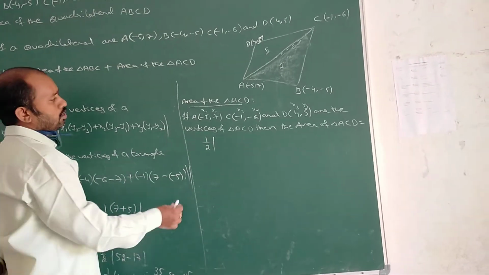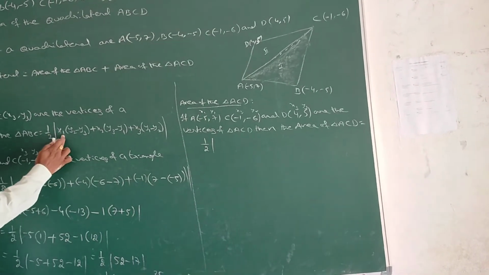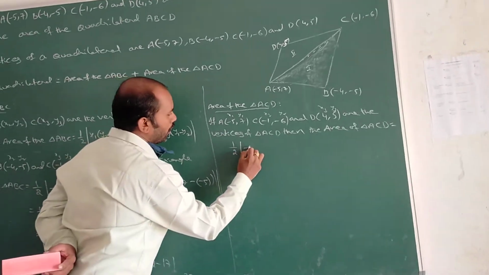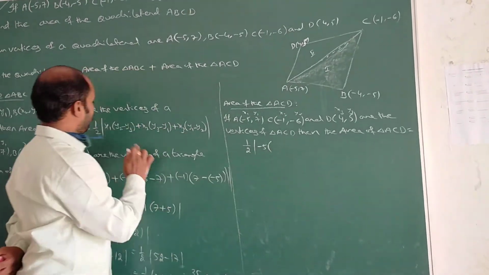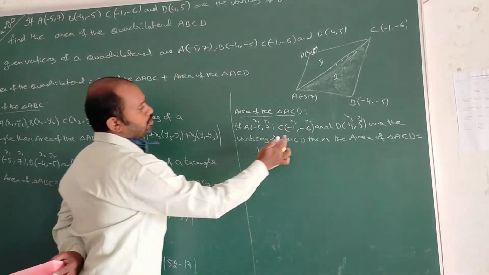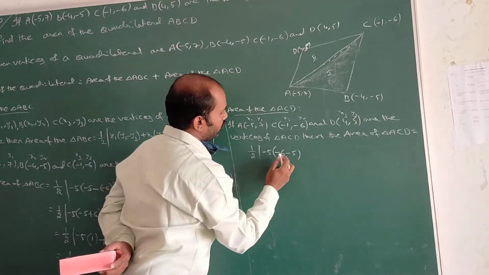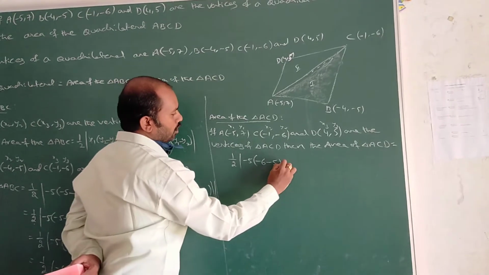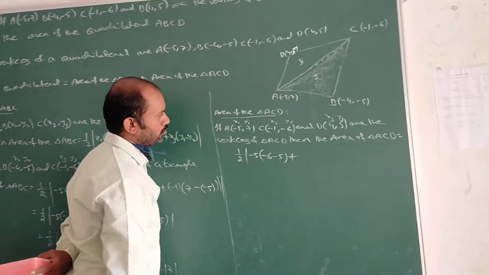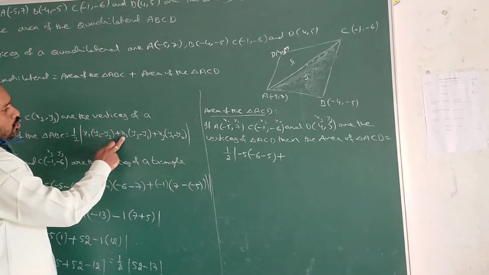Okay, now modulus of the first term. x1 means here minus 5 into y2 minus y3. y2 means here minus 6, y3 minus 5. y2 minus y3. First term over. Second term, plus, second term x2 starting.